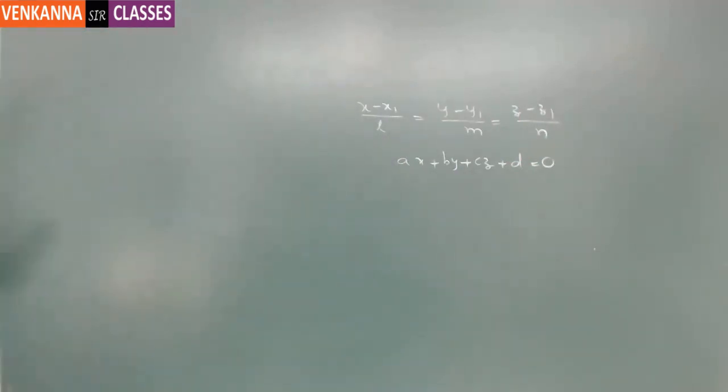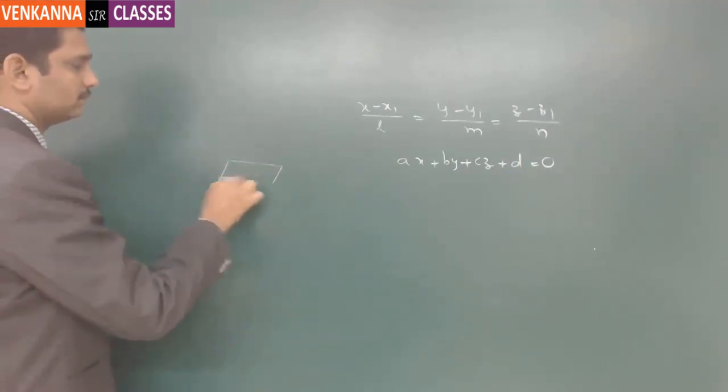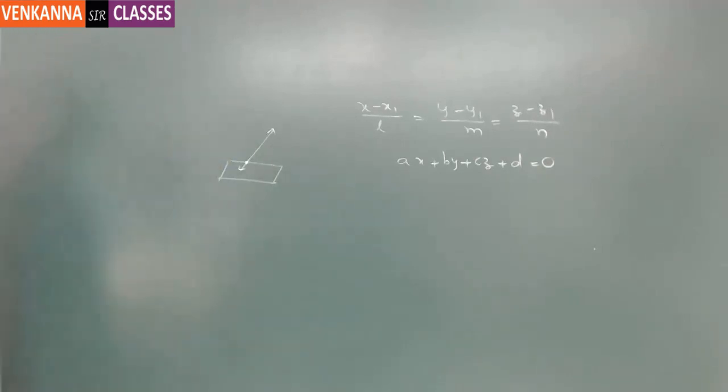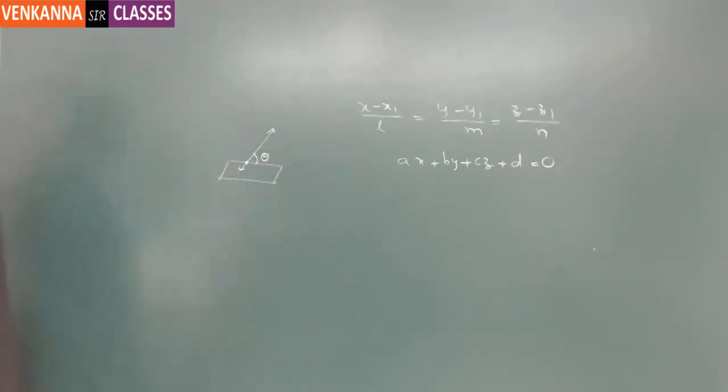Now if I said that the line intersects the plane, what could be the checking condition for it? Can you guess? And if there is an angle between them, how to calculate the angle?